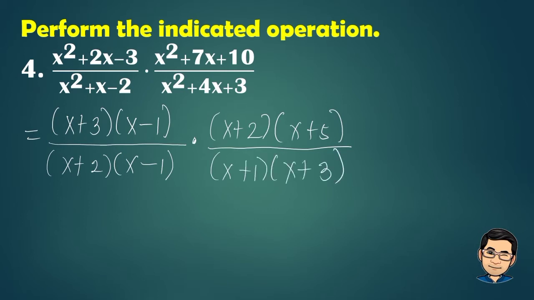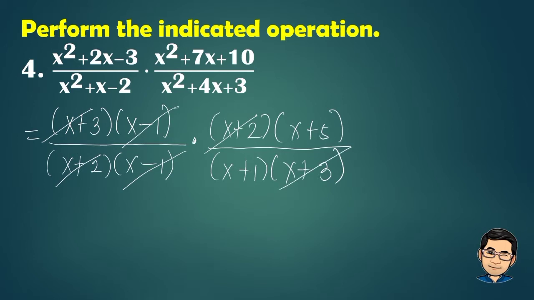So, since na-factor na natin lahat yung mga polynomials, pwede na tayong mag-cancel. So, hindi naman lahat ng polynomials na fa-factor. So, kumbaga, i-apply mo lang talaga kung posible. Pag hindi, wag. Okay, so wala tayong magagawa doon kung di sila factorable. Now, cancel out x minus 1, x minus 1, x plus 2, x plus 2, x plus 3, and x plus 3.